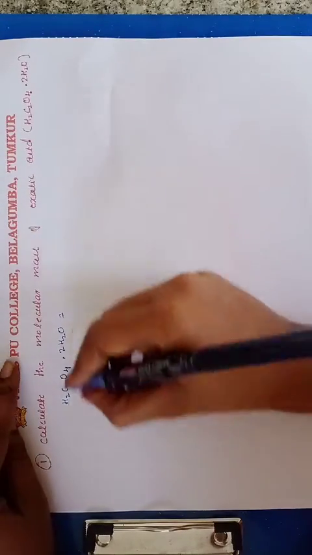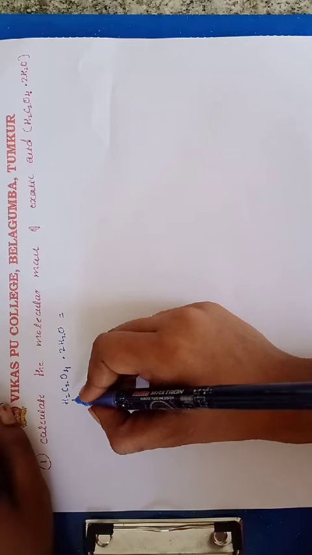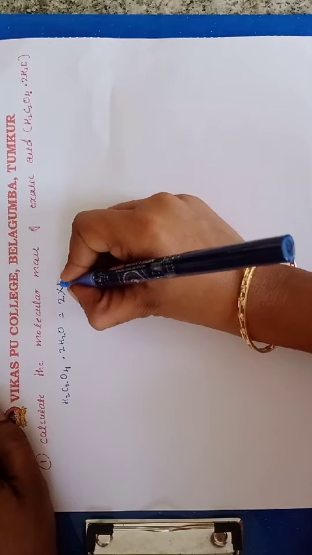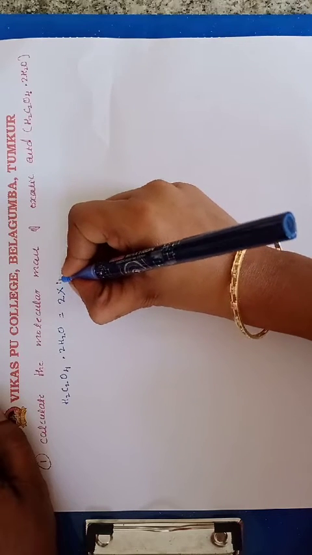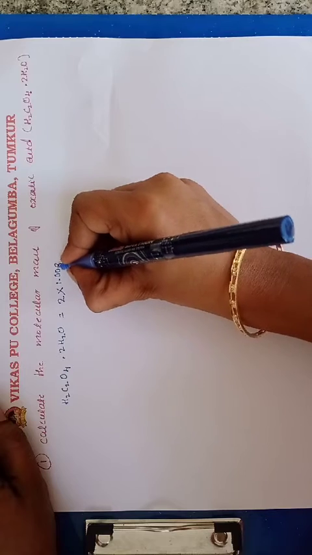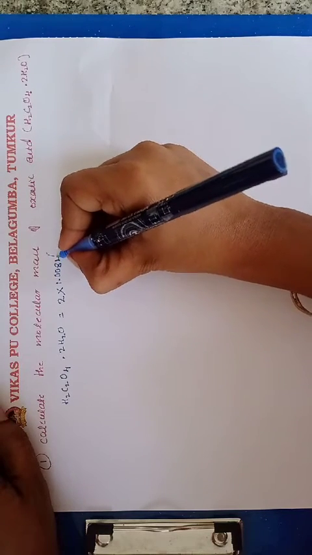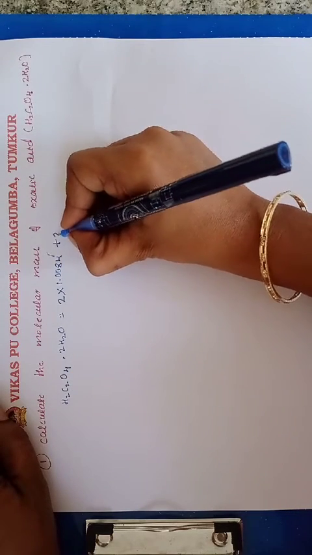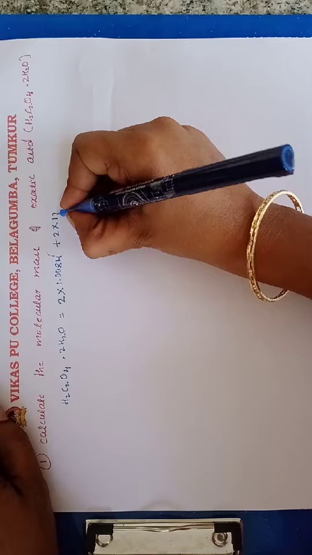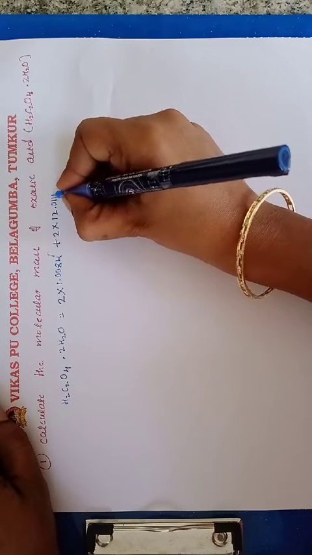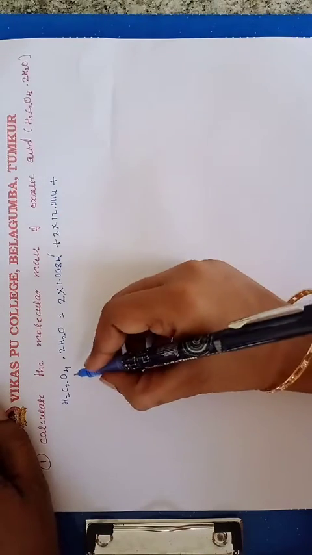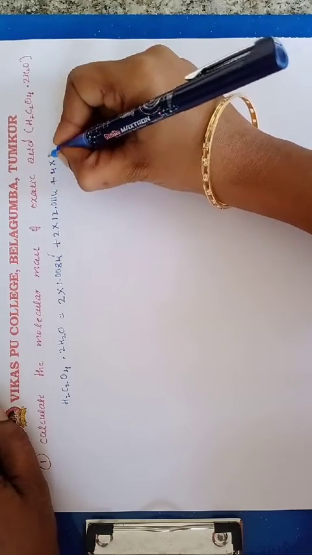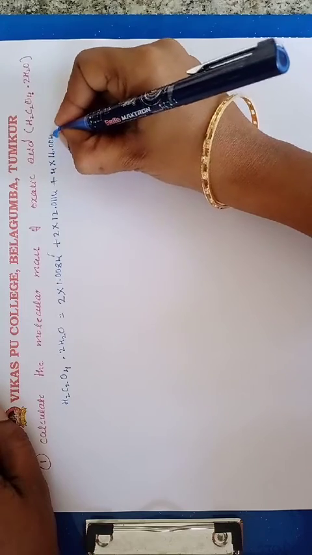First, the number of hydrogen atoms is 2, and the atomic mass of hydrogen is 1.0084. Then plus the number of carbon atoms, which is 2, so 2 into 12.0114, plus the number of oxygen atoms, which is 4, so 4 into 16.004.